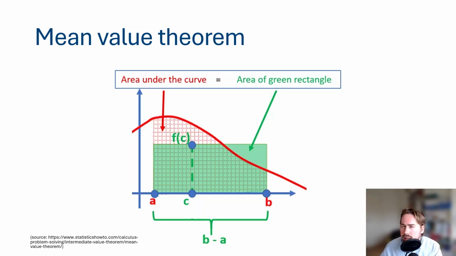And then you find the height, so the surface area is the same. And based on this height, you can actually find an average value taking into account the non-linear behavior of your original curve.